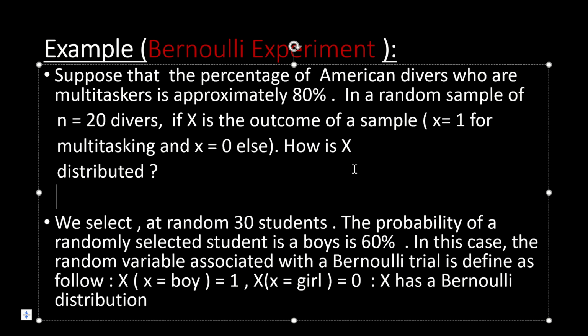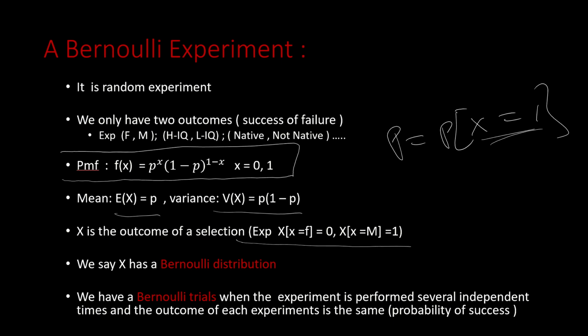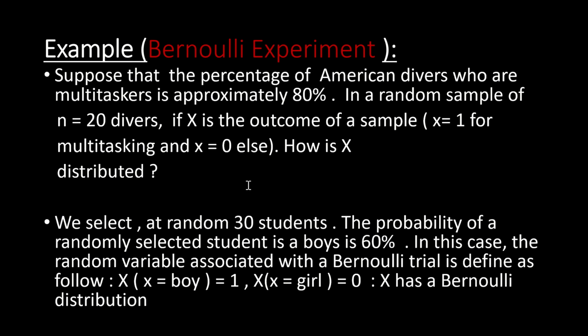How is X distributed? In this case, you can clearly say that X can take only two possible outcomes, 1 for success and 0 for failure. Therefore, this is a Bernoulli experiment, and X is a Bernoulli random variable.